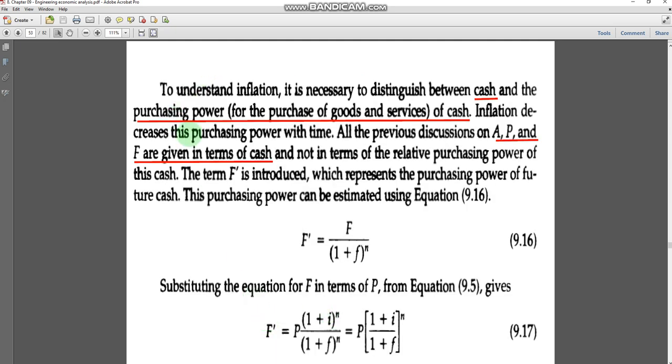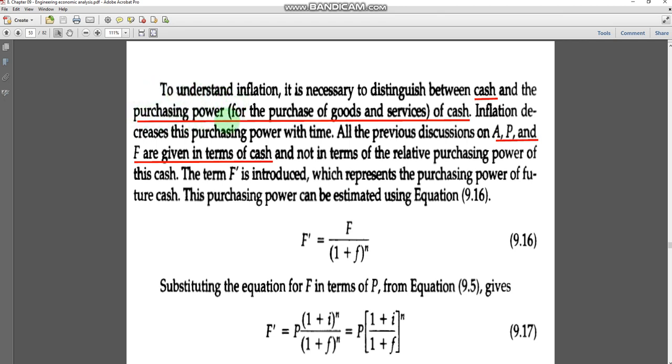Now, to understand inflation, it is necessary to distinguish between cash and purchasing power. Having the cash is one thing and the purchasing power is another thing. For example, you can have $1,000 today, and from that $1,000 you can buy 5 items. But if you keep that $1,000 separately in your home, then maybe after 5 years you cannot buy 5 items from that $1,000.